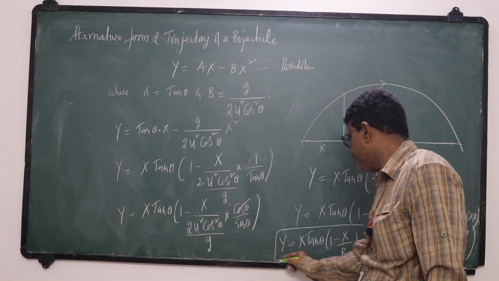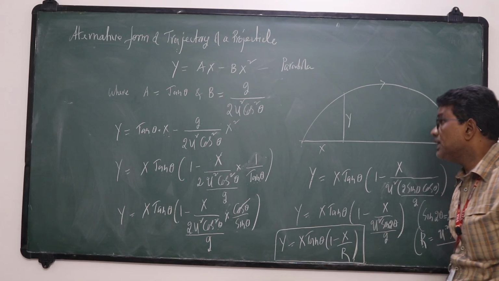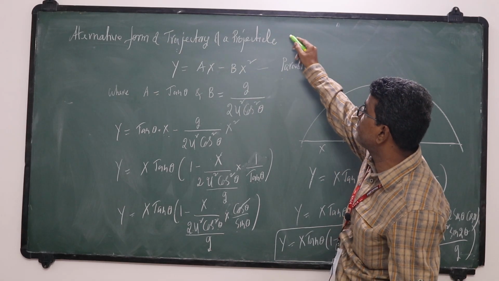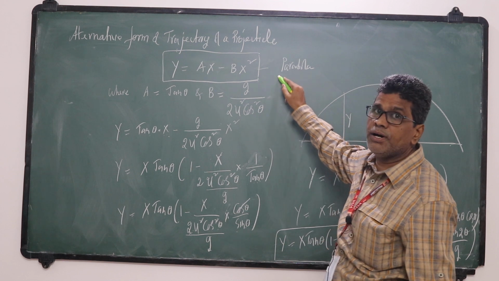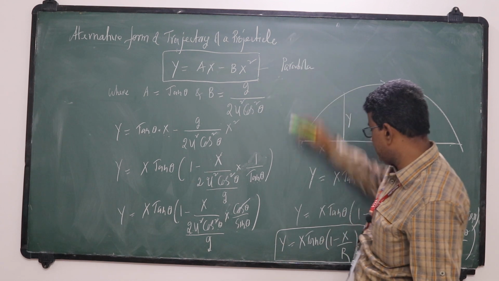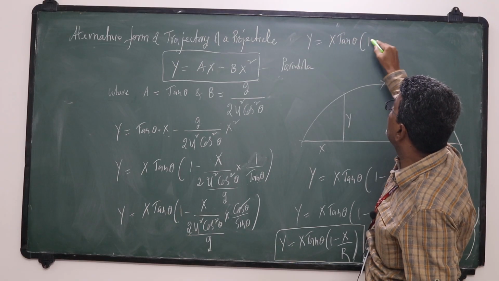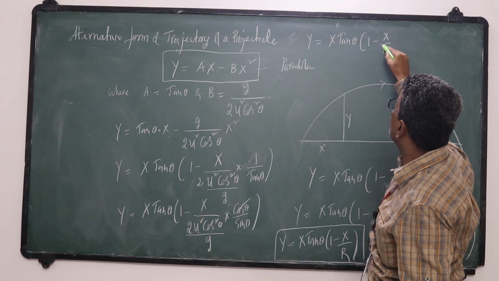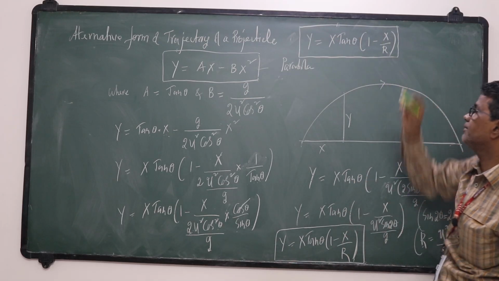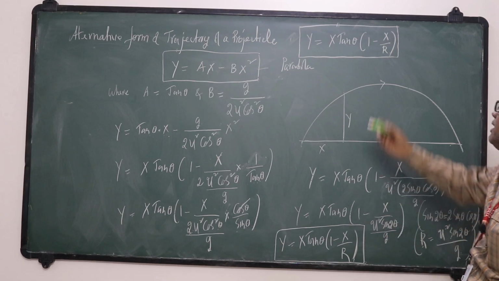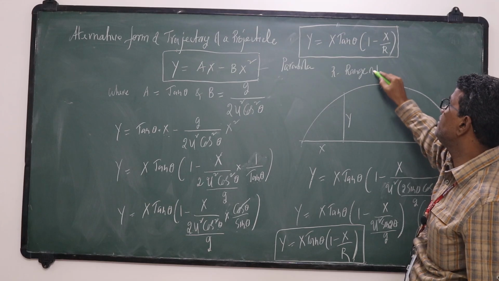So this is the alternative form of the trajectory. This is the first form, remember. The second one is y is equal to x tan theta of 1 minus x by R. This is the alternative form of trajectory, where R is the range of the projectile.